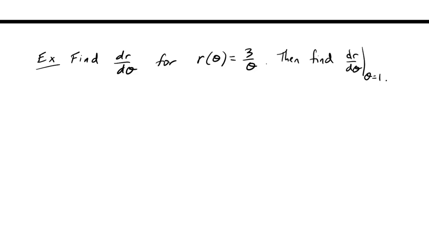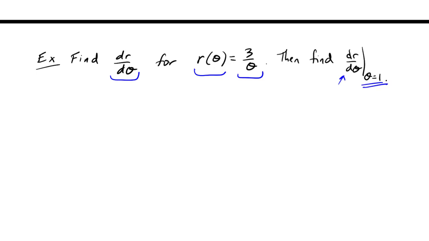Okay, so we're going to here find dr d theta for the function r of theta equals 3 over theta. Then we're going to find dr d theta at theta equals 1. And notice the notation. So basically, this is saying find the derivative dr d theta and then evaluate it at the specific value of theta equals 1. So we'll do that.